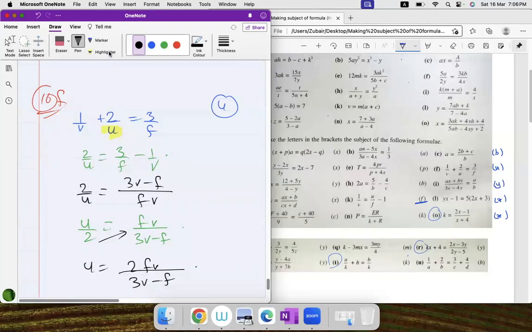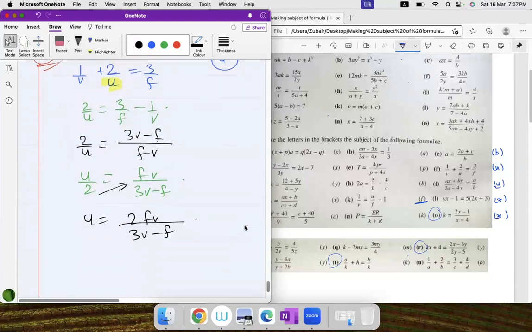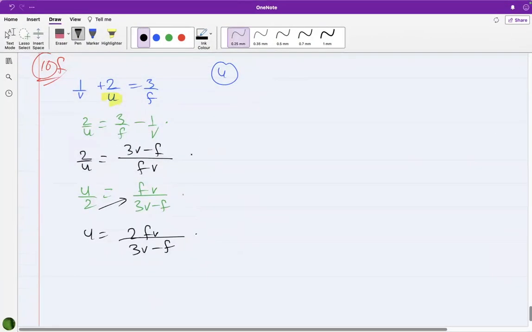So after we multiply the 2 with that side, first of all, when we're combining the two fractions together, either we cross multiply or we call it LCM. See, when you have 2 over U is equal to 3 over F minus 1 over V, 2 over U is just following. Now LCM is FV.